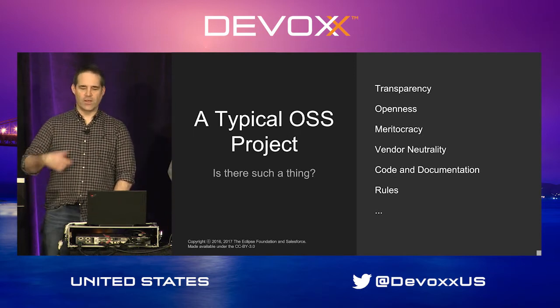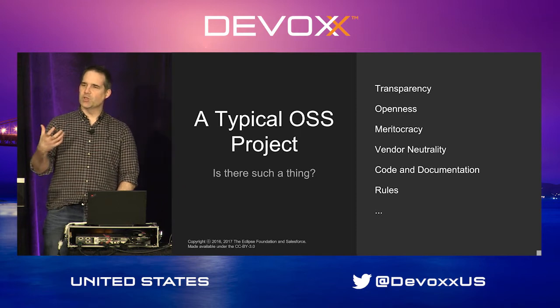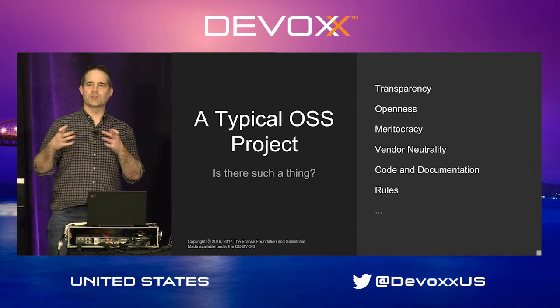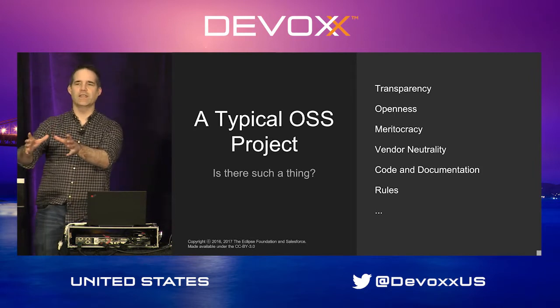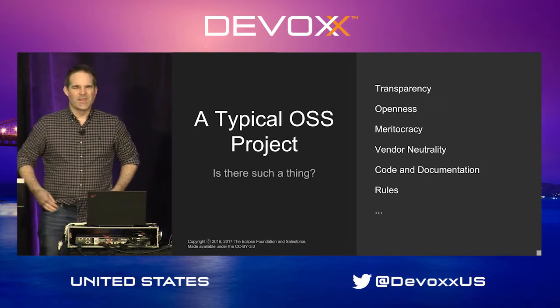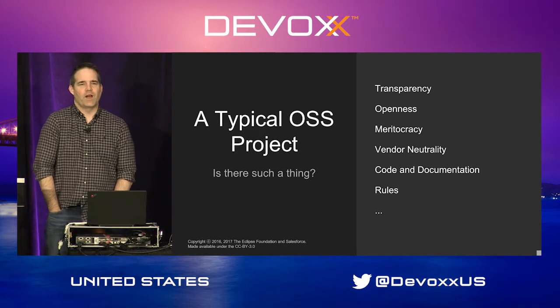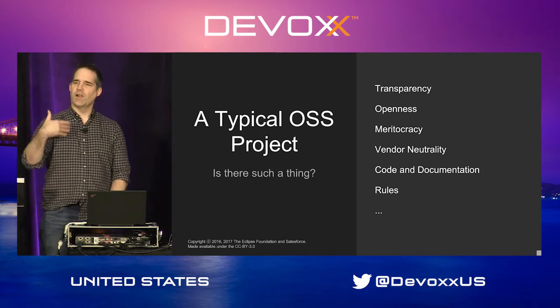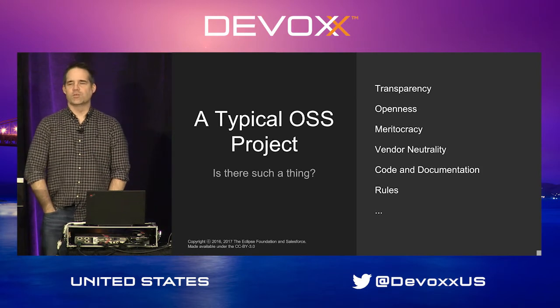If you are working on a bunch of code behind your firewall, and every month or so you throw it out to the community, that's not a very transparent way of operating. It's hard for anybody to understand what you're doing if your development is happening behind closed doors.